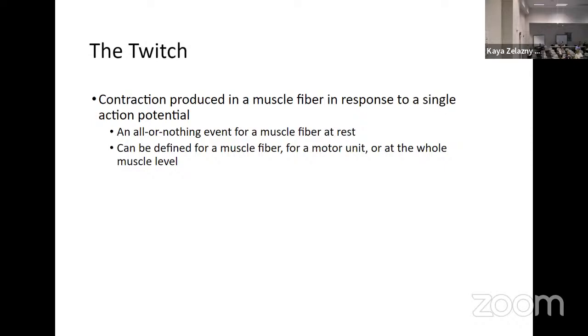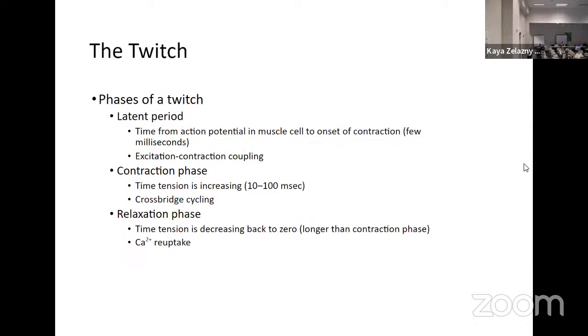So we can also talk about twitches from a motor unit perspective, because all of those fibers are going to be responding to the same original signal, that same original action potential from this single motor neuron. And we can also think about twitches at the whole muscle level. So like an actual named muscle twitching in response to an action potential. Okay, so think twitch, think contraction.